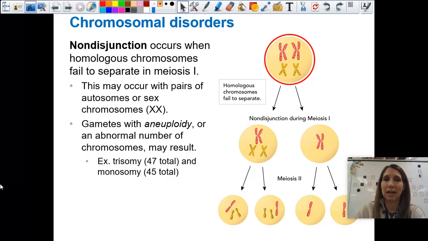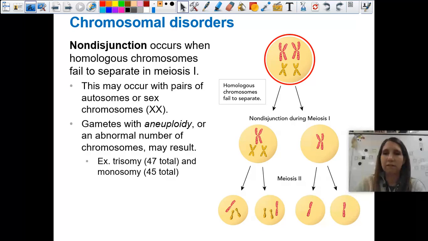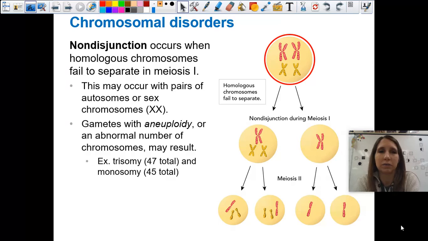So non-disjunction happens when specifically our homologous pairs fail to separate in meiosis 1. This can happen either with pairs of autosomes or with pairs of sex chromosomes, specifically X's are what we're thinking of. So in females, those X chromosomes, not so much involving the Y, because the X and Y are not homologous and they really don't pair up.